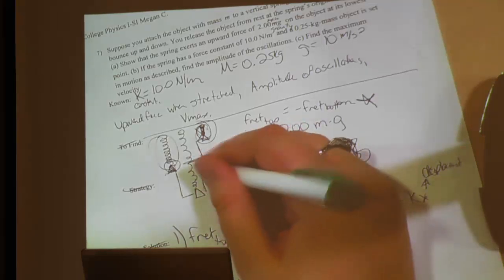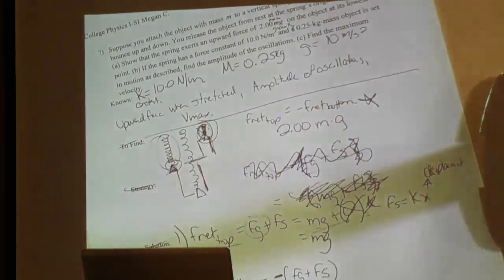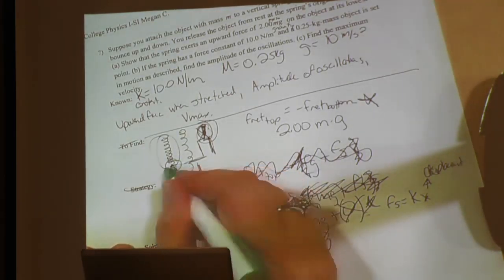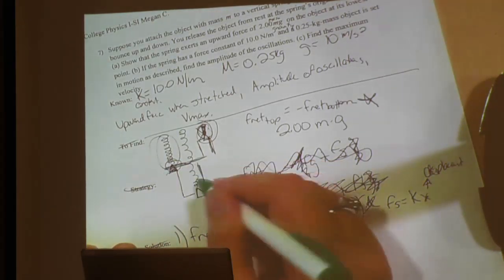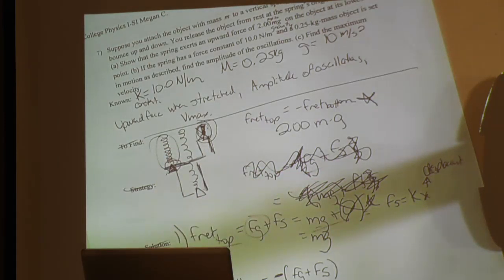And since you have some value from the stretch and some value from the top, it'll be the same. So this is your initial position, and then you're going down, and then you're going back up. Your displacement from your original starting position is 0.